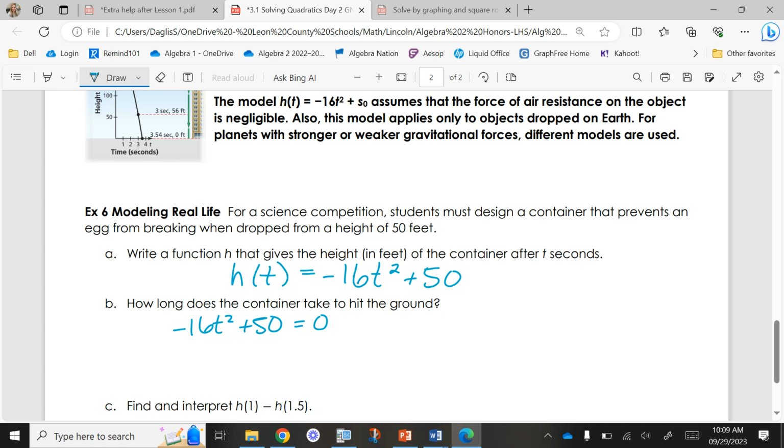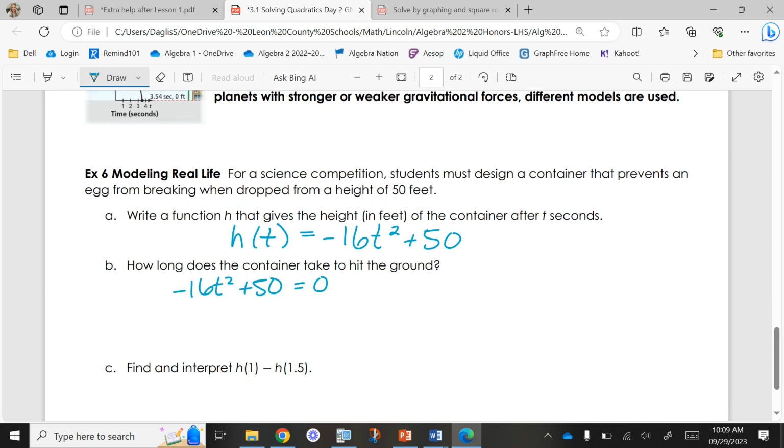Which one are we going to use to solve this particular problem? The square root method, since there's no bx term. So this is going to be the method we used yesterday. The first thing you're going to do is subtract 50. Then we're going to divide by negative 16.